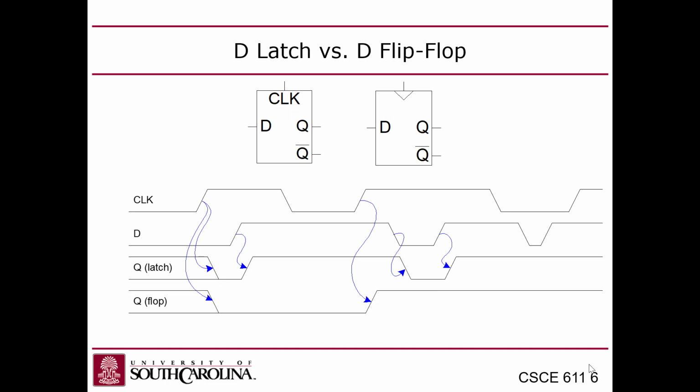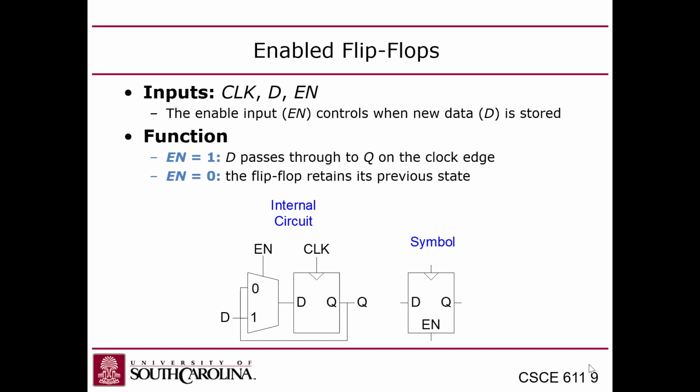It would ignore it. So if you have an enable signal in a register flip-flop, it's usually shown as part of the symbol. The book shows what they call an internal circuit, as if the only flip-flop available to us didn't have an enable built in.